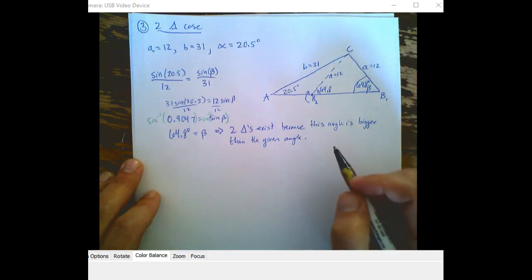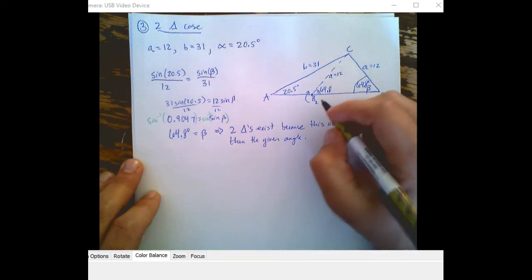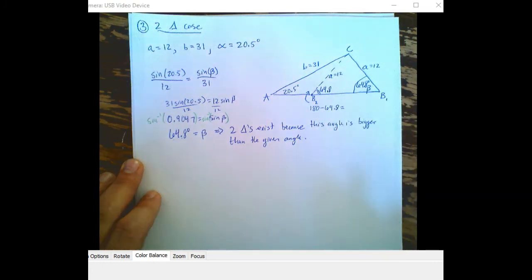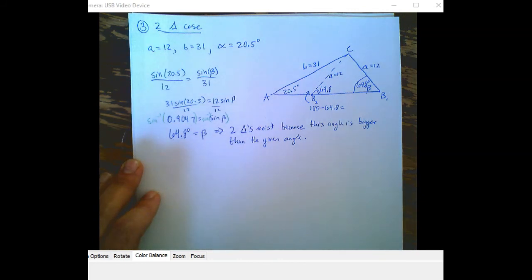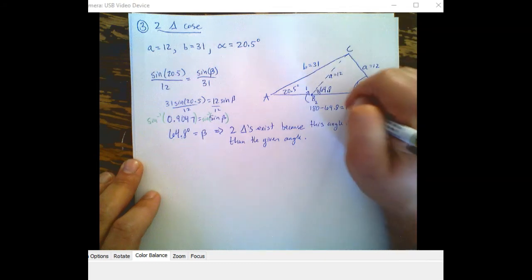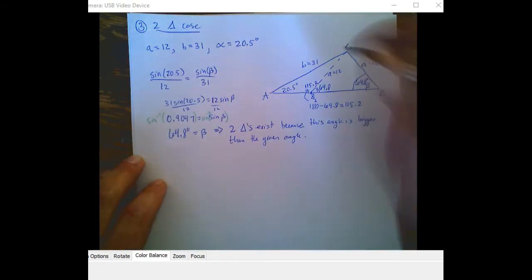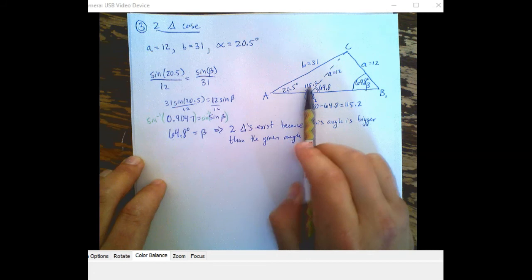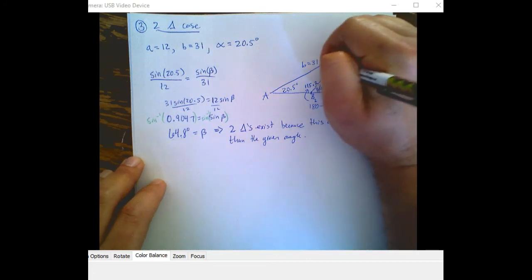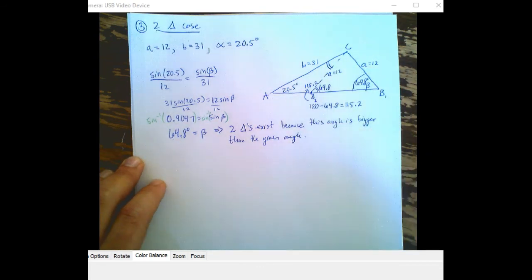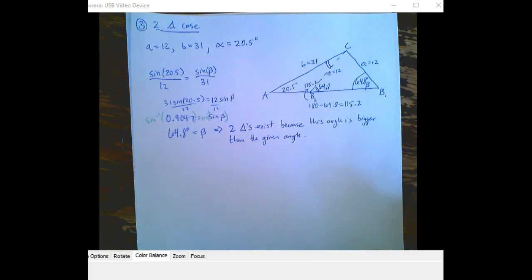Our second beta would be equal to 180 take away 64.8, which is 115.2. Okay. So you can see when we add these two together, there's still room for the 180. So there's still room for this little angle up here in the skinnier of the two triangles. Okay. So we know that two solutions can exist.